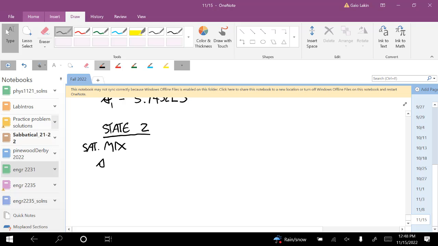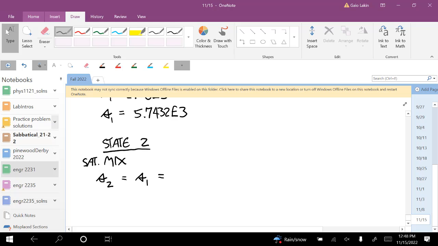We know that the specific entropy at state 2 is equal to the specific entropy at state 1, and that is 5.7432 times 10 to the third.